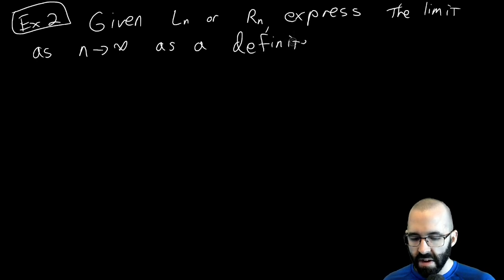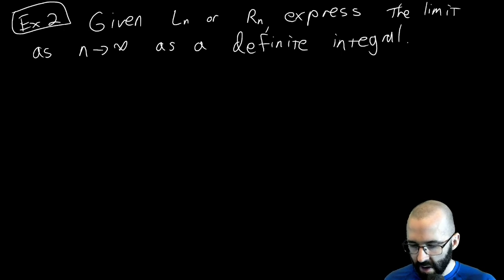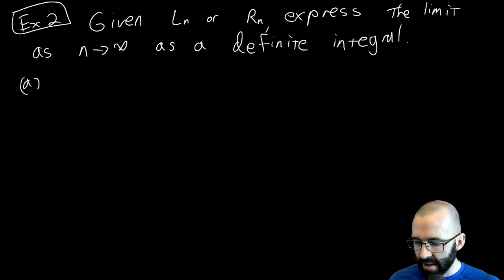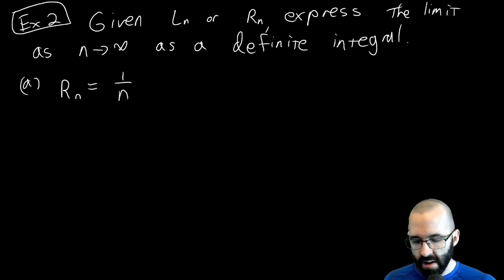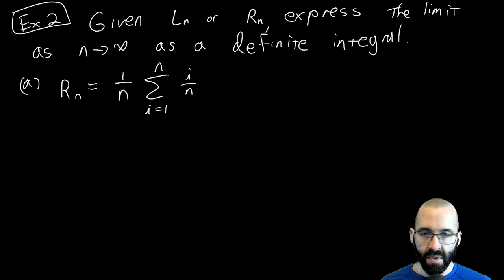So we're really just doing the same thing. Part A is going to be number 65 in the homework. And that's R sub n is equal to 1 over n times the sum, i goes from 1 to n, of i over n.